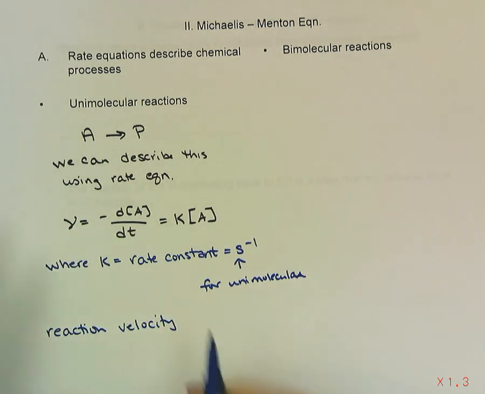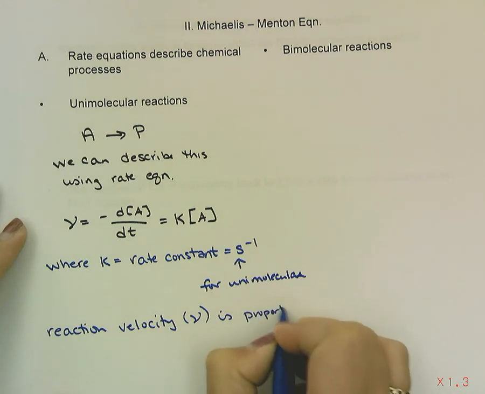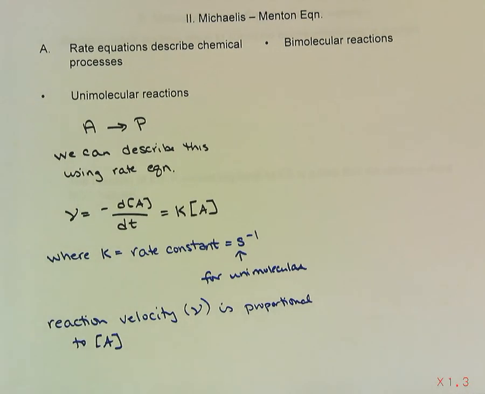So the reaction velocity, this tipped over V, is now proportional to the concentration of A. Based on this equation, as A changes value, that directly affects how B changes value.